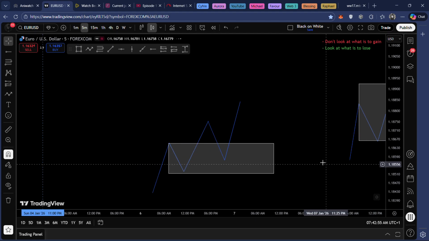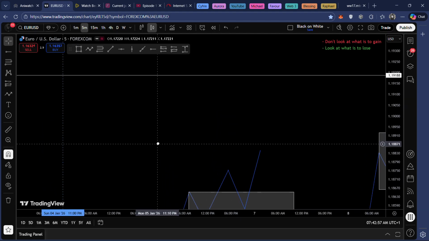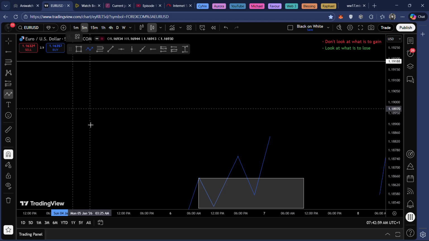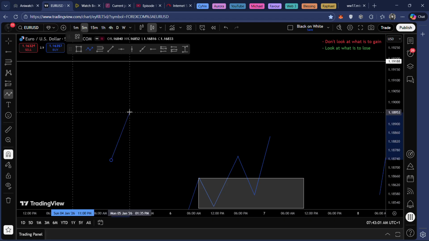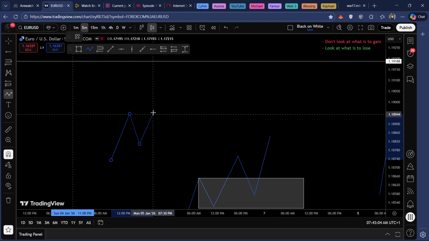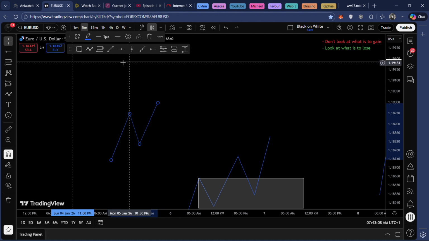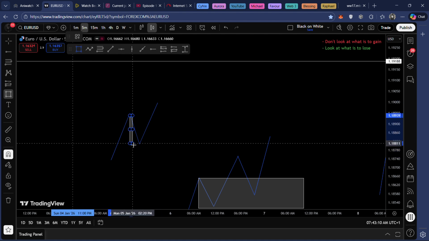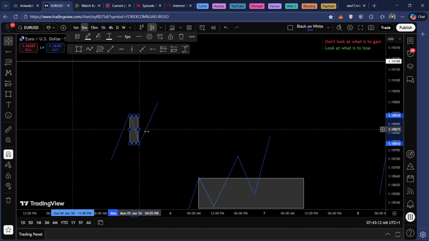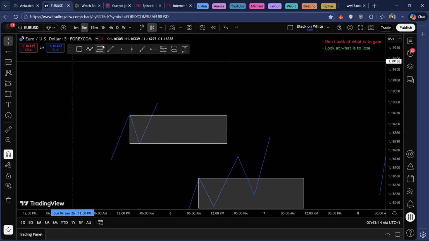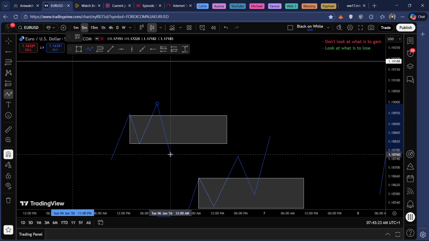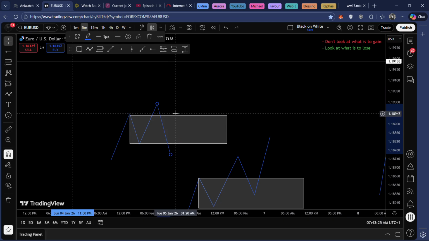Now, in the case where the breaker block itself is invalidated, like we explained: for example, this is our order block. When price comes into our order block, we look for entries to buy. When we fail to see one, it breaks and becomes our breaker block.